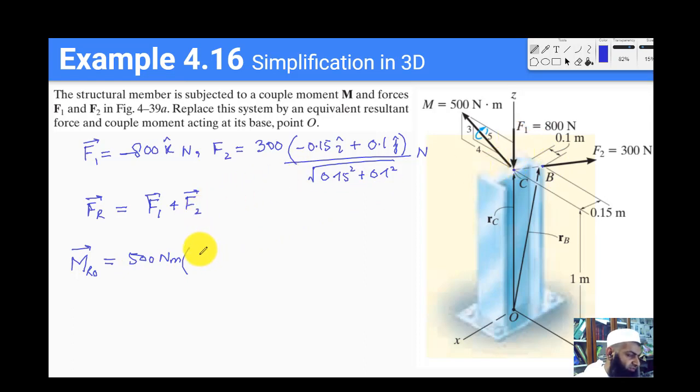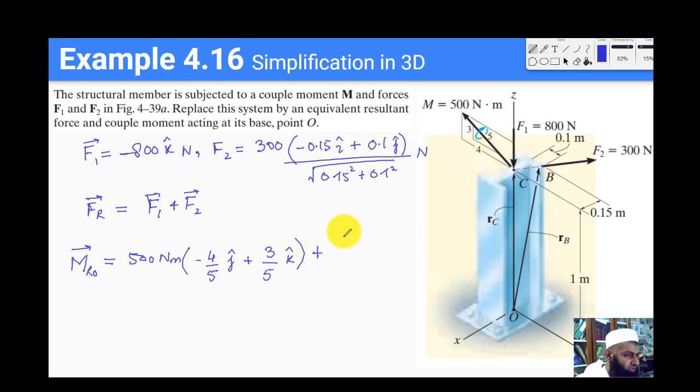So the direction vector is just minus 4 by 5 j hat plus 3 by 5 k hat. So this is the term because of this couple moment, and then we get two other terms.